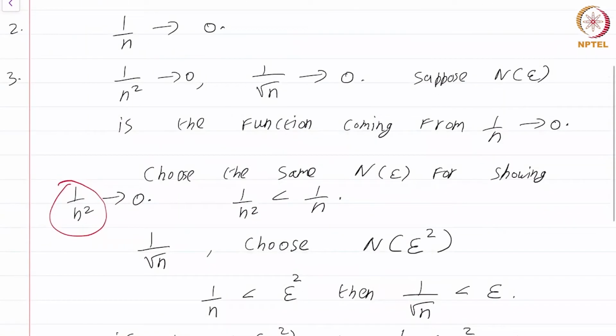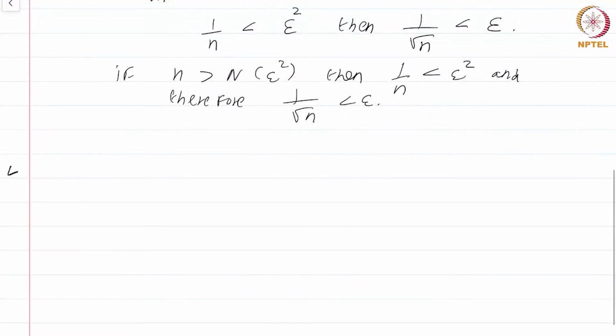Okay. 4. 1 plus or minus 1 by n. Well, this converges to 1. Okay, this sequence. Why is that the case? Because 1 by n converges to 0.